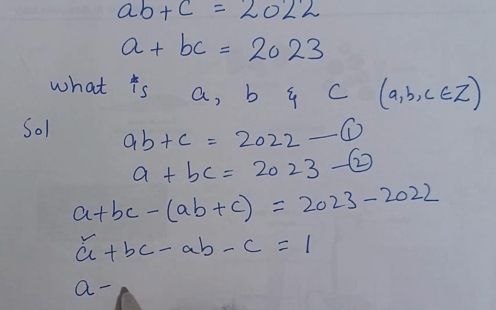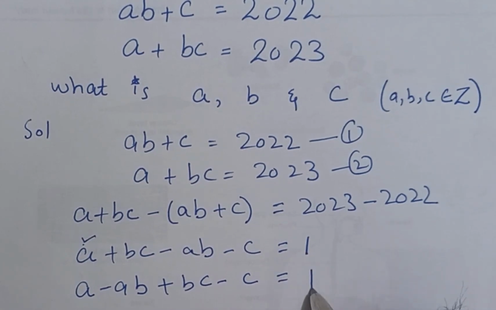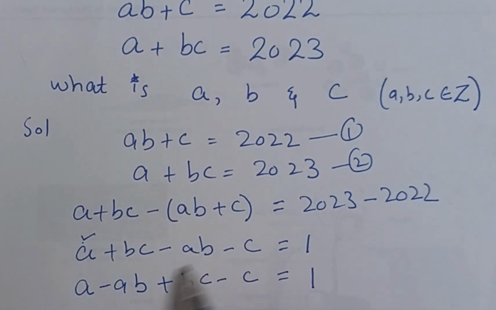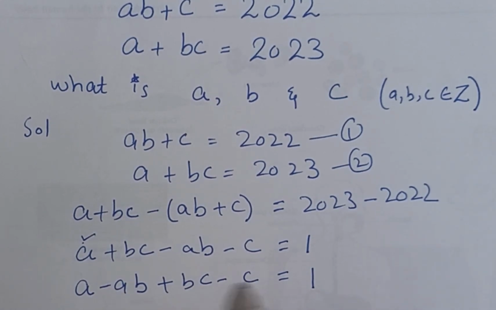A minus AB plus BC minus C is equal to 1. Why do we arrange this equation in this format? Because A is involved in these two terms and C is involved in these two terms.